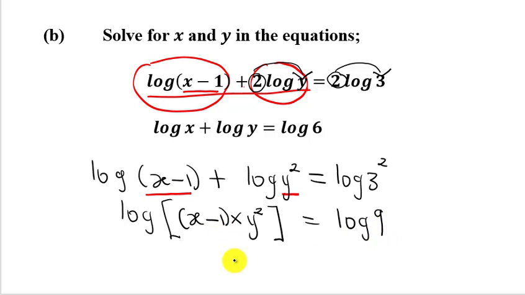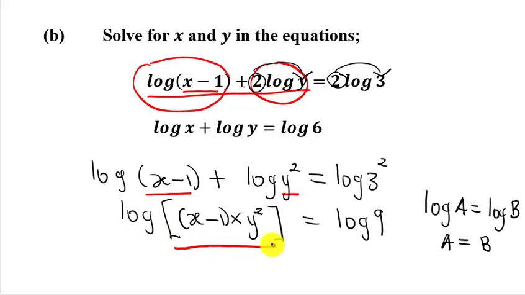Now we can try taking antilog of this, but there's a property that if you have log a being equal to log b, if that is the case, then a is equal to b. So in this case, we have log of an expression equal to log of a number. Therefore, what you are having here will be equal to what you are having here.